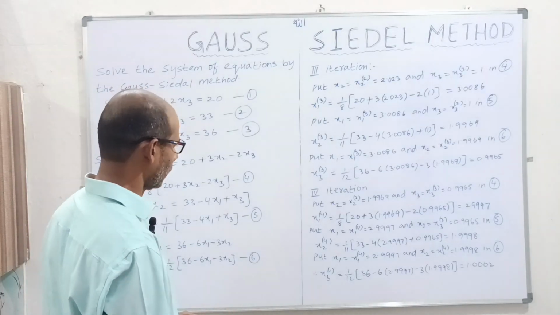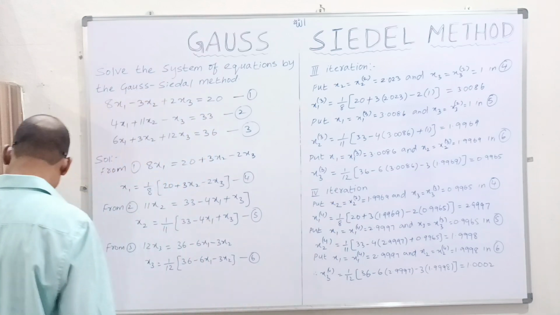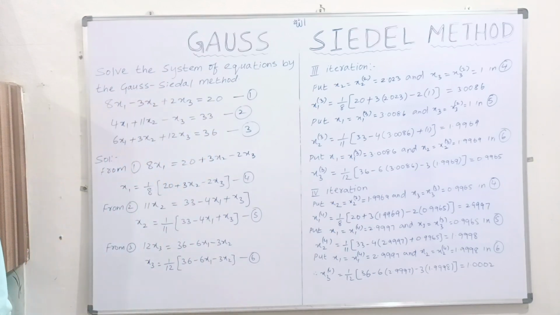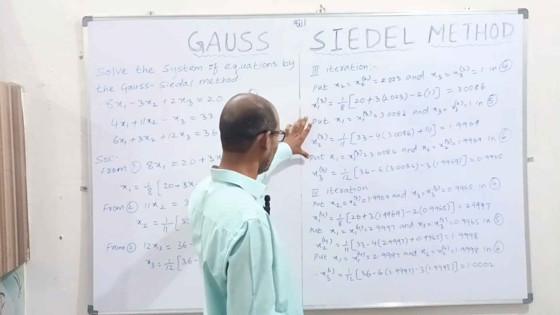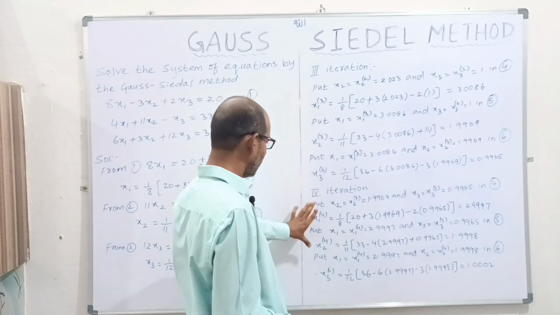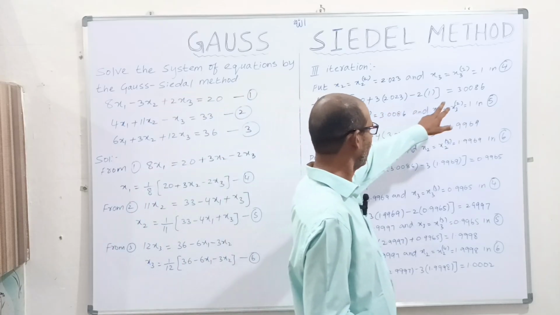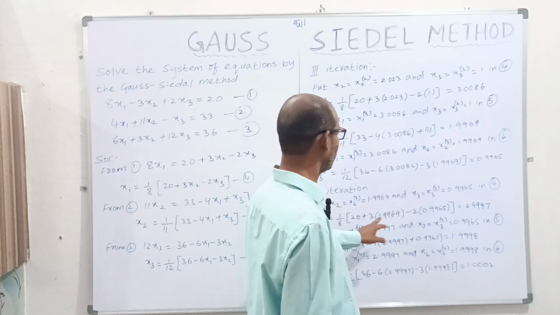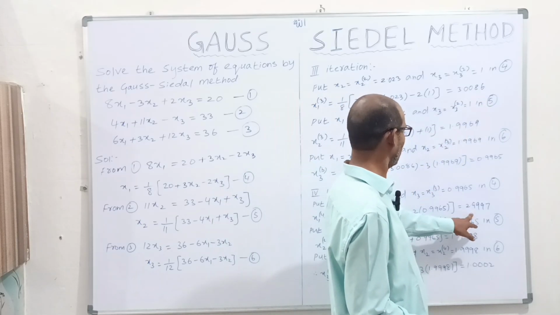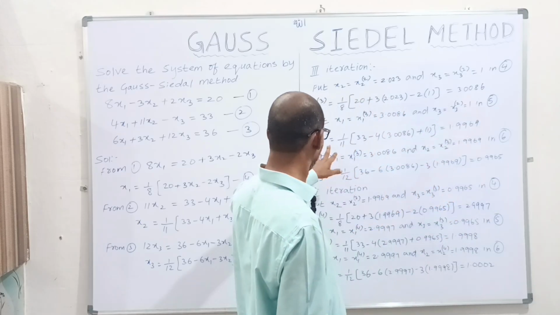Now, if you observe the values of x1, x2 and x3 from the third iteration and the fourth iteration, the value of x1 is 3.0086 and the value of x1 from the fourth iteration is 2.9997, so they are almost equal.